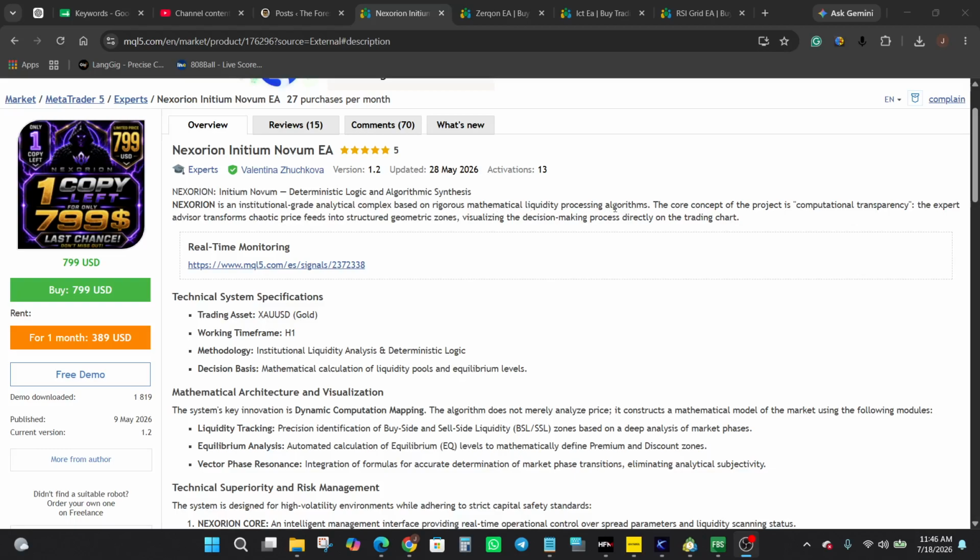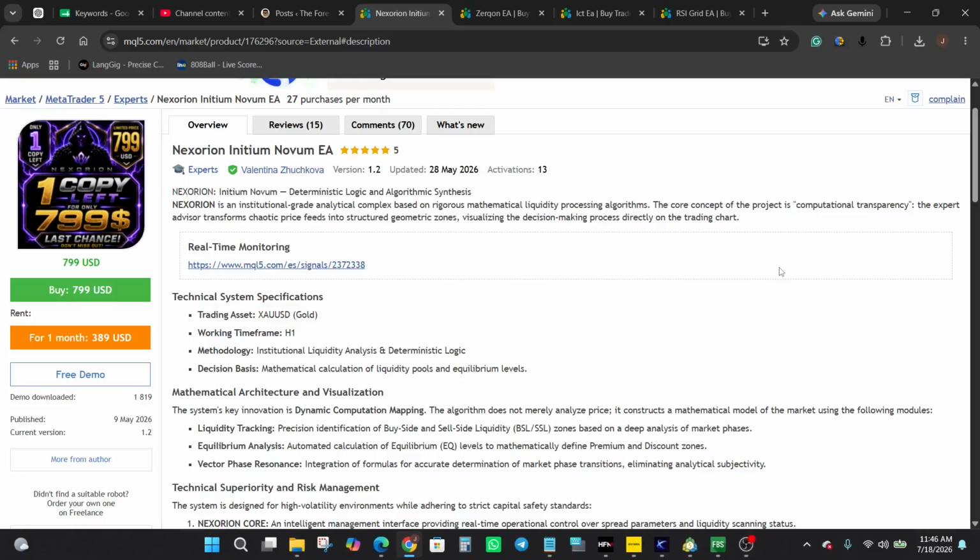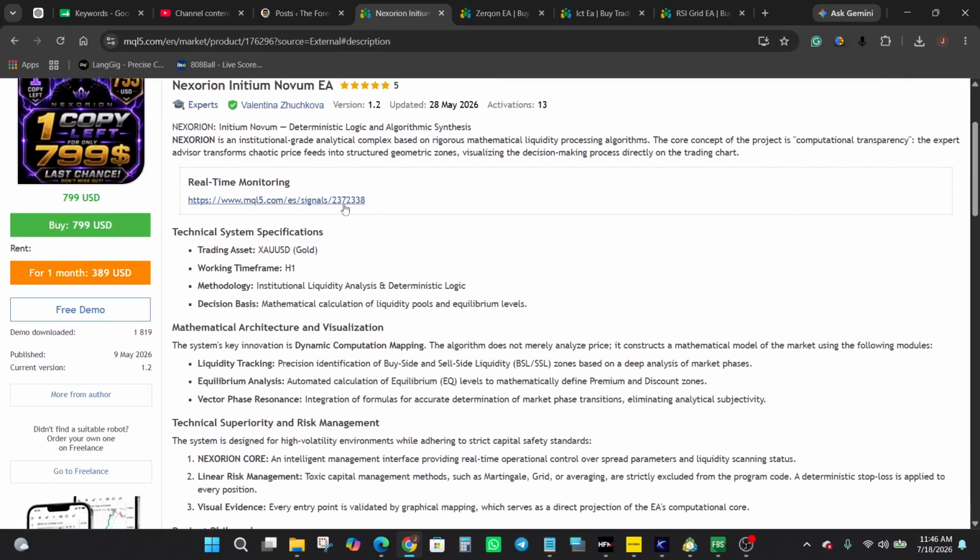It is built around what they call computational transparency. The idea being that it takes raw price action and maps it into visual zones on the chart, so you can actually see the logic behind each decision rather than trusting a black box. It is designed specifically for gold, as we can see here on the H1 time frame.